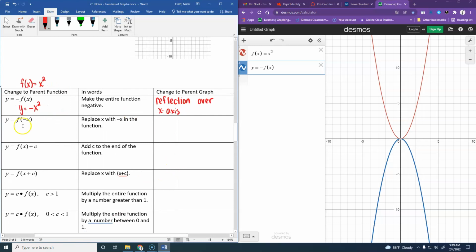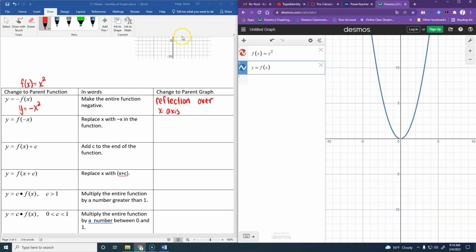All right, so what happens if we put the negative on the inside of the parentheses instead of the outside? Anybody know that one? Nothing, it looks like, right? I just put the negative there. You can see both graphs are the same.